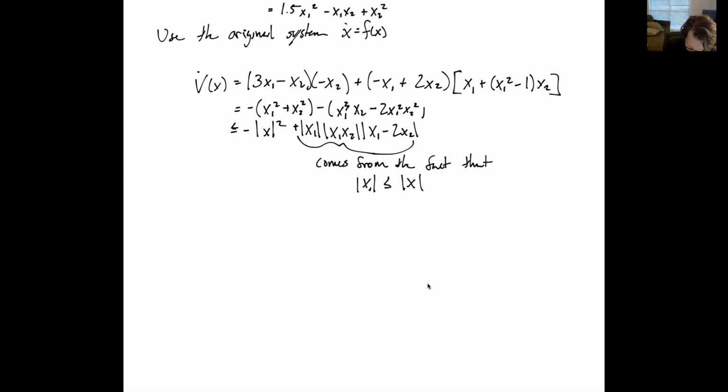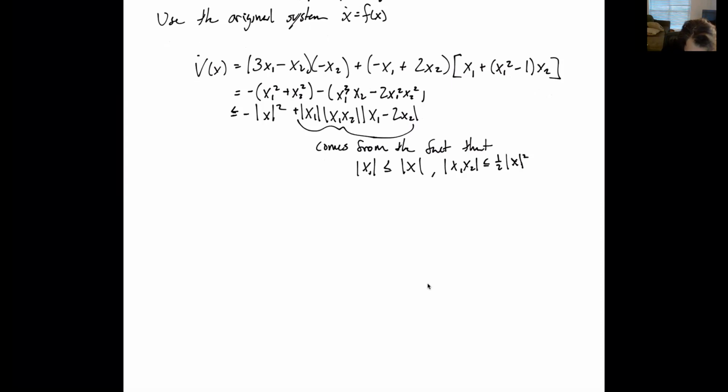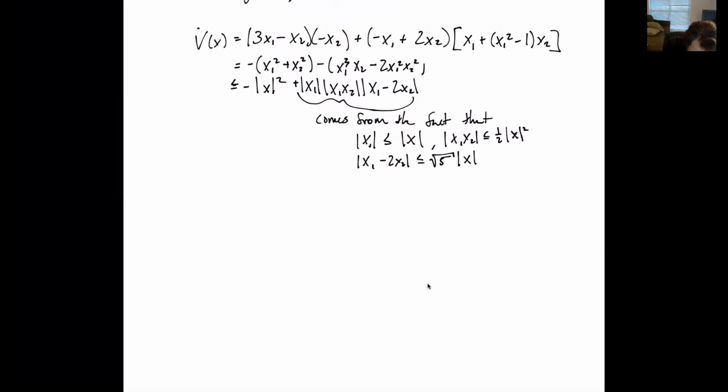The norm of x1 times x2 is going to be less than or equal to 1/2 times the norm of x squared. And that's through Young's inequality. The norm of x1 minus x2 is going to be less than or equal to square root of 5 times the norm of x.